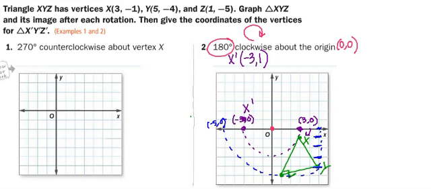So we're going to move 1, 2, 3, 4 spaces away from that rotation point because they're going to rotate the same. So this point will be our y prime, which is actually located at -5, 4.